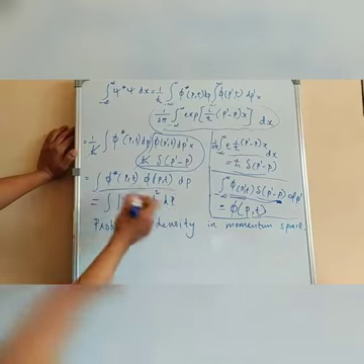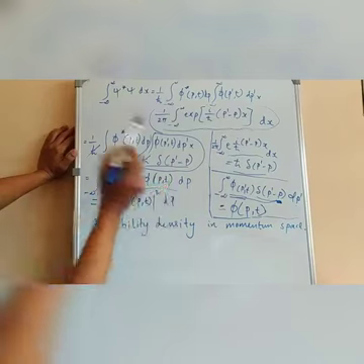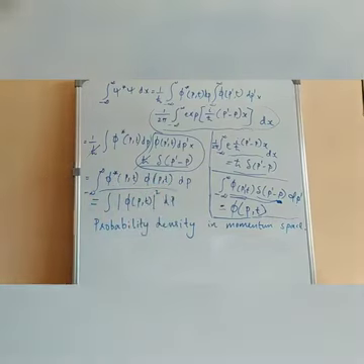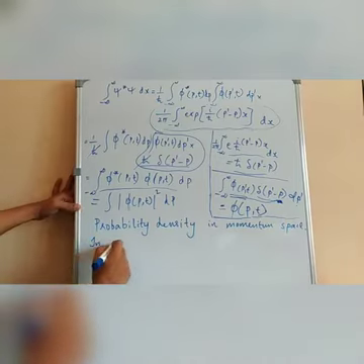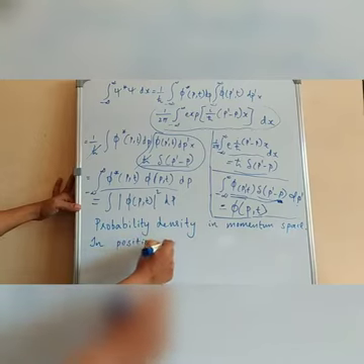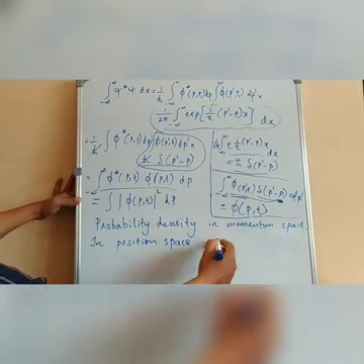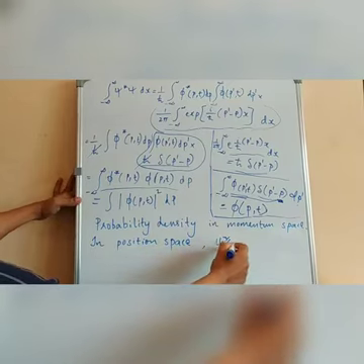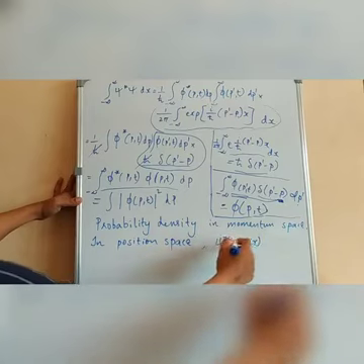Now, integral minus infinity to plus infinity phi star phi dp. What is this phi star phi dp? This is actually like in position space we have psi star of x psi dx.